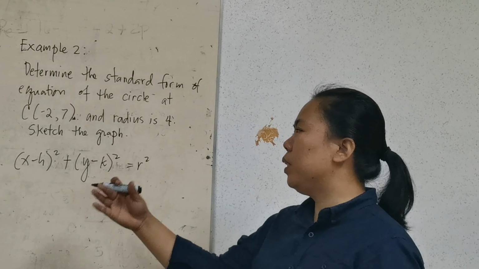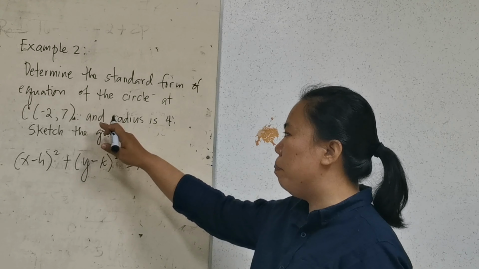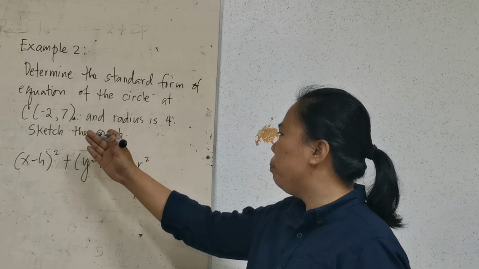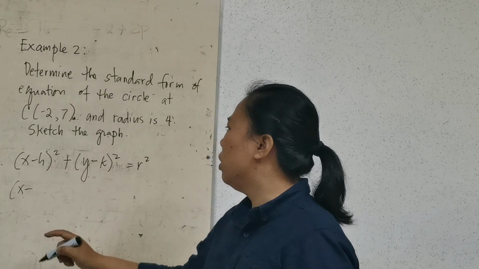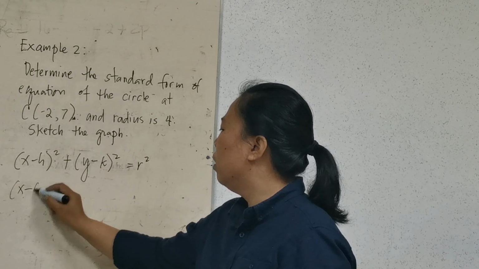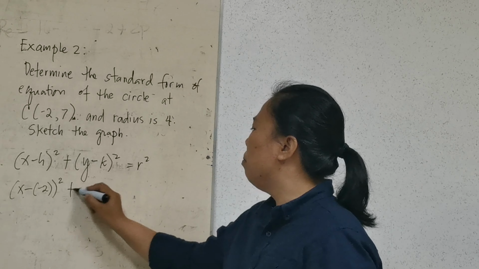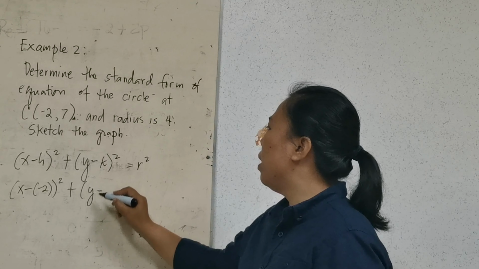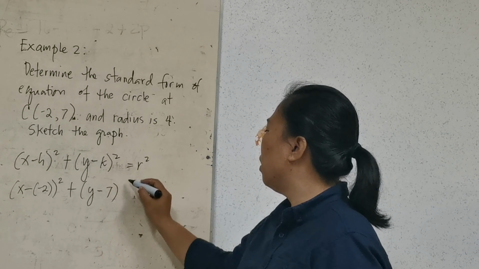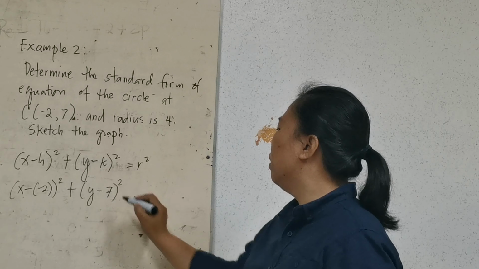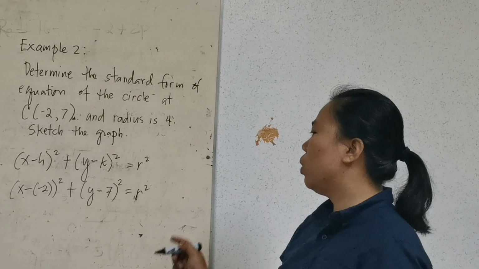Then just substitute the values in this given problem. So we have x minus -2 squared plus y minus 7 squared is equal to r squared.